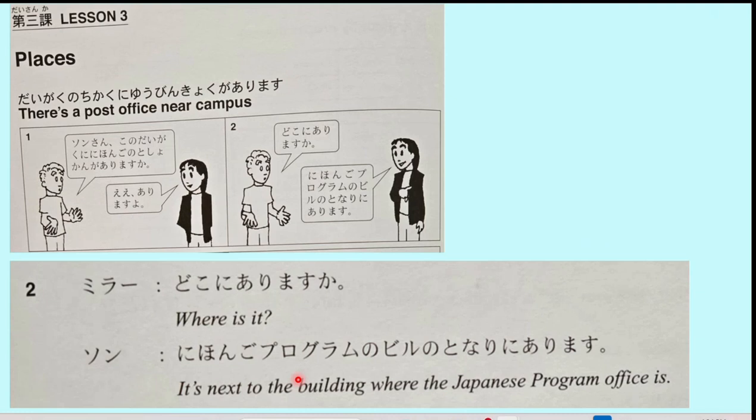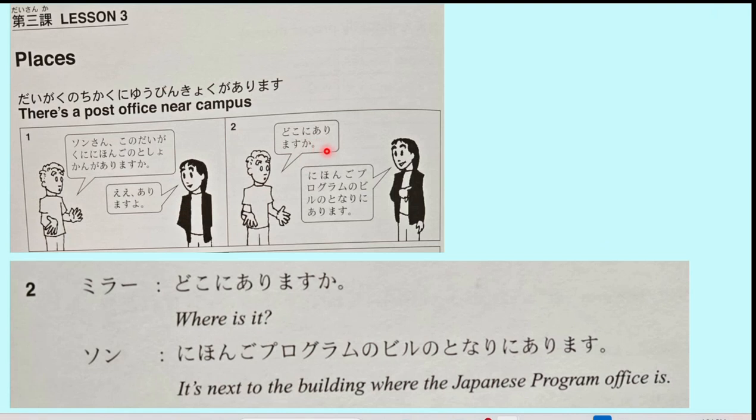So the same conversation, now we come to the second part where Miller says, "Doko ni arimasu ka?" Initially he asked, is there a Japanese library of books on the university campus? She said yes, it does. And then he asks, "Doko ni arimasu ka?"